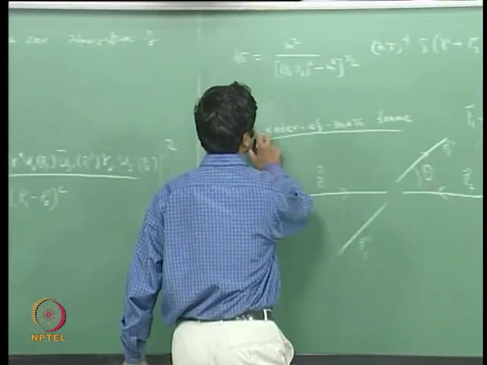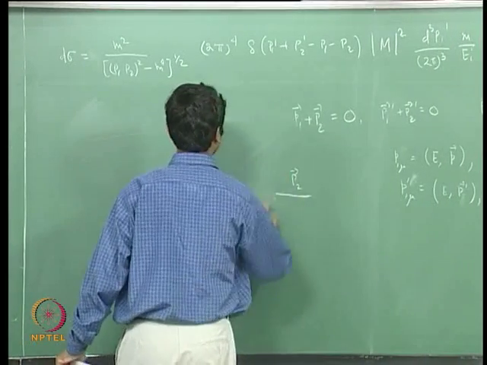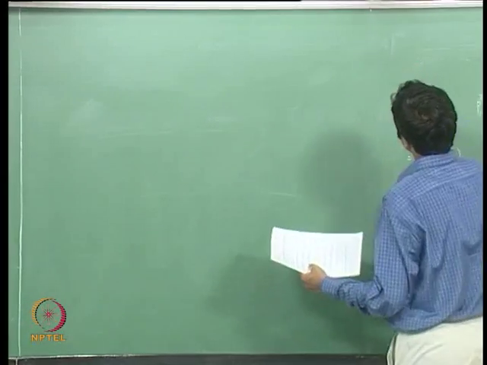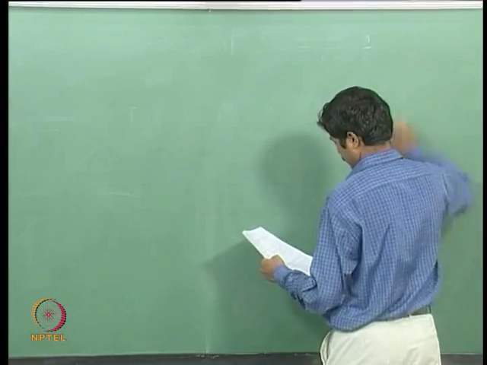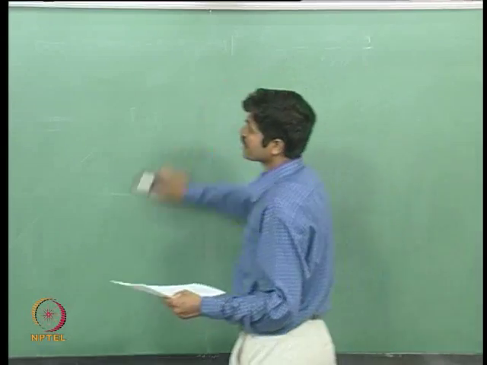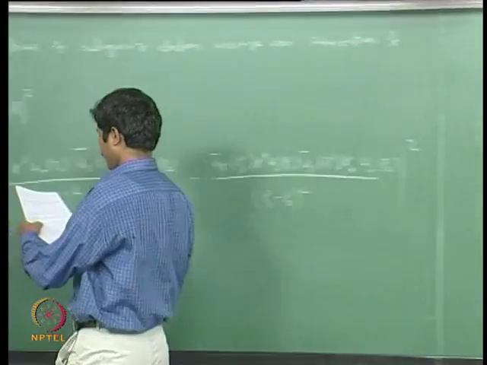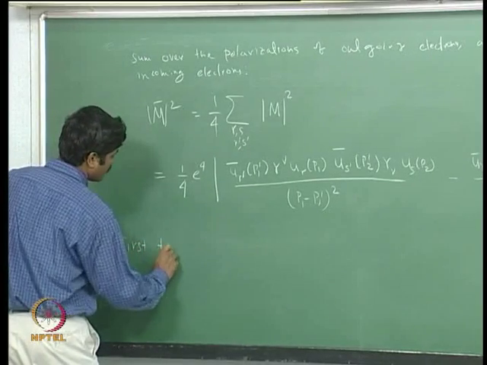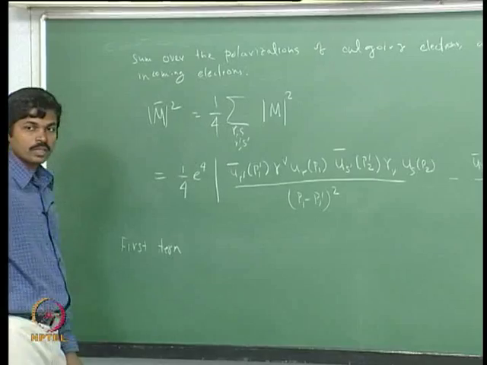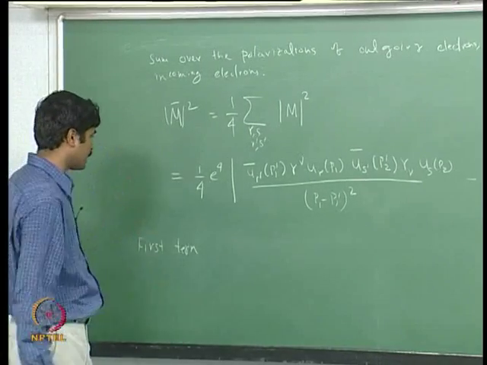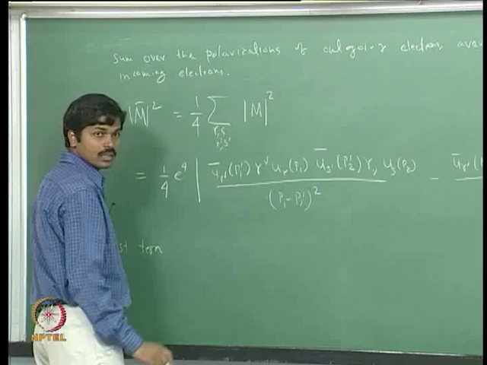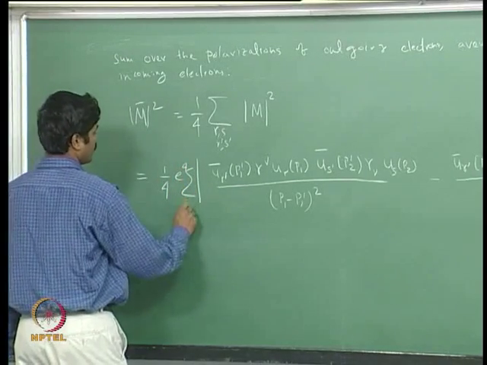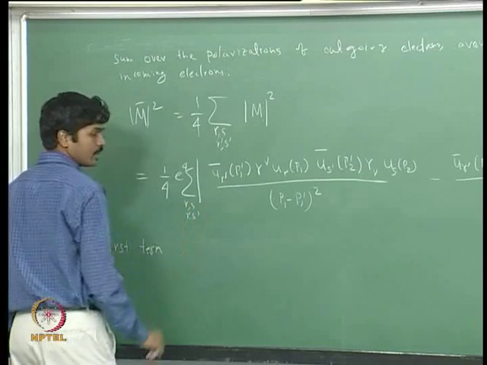So the first term in this expression, forget about the 1/4 E fourth term, we will take care of it later. There is a summation over r and s, yeah, good, r, s, r prime, s prime.